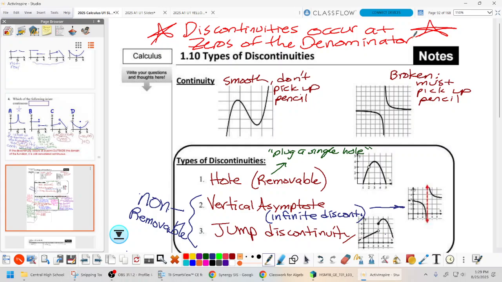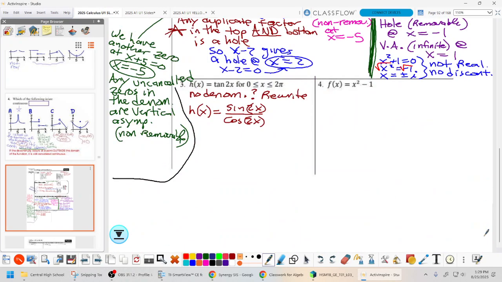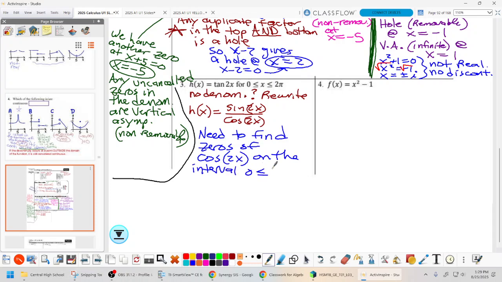If the function is smooth sailing and it never has an issue, then we don't have any discontinuities. So we need to find zeros of cosine 2x on the interval given above, which is 0 to 2 pi.